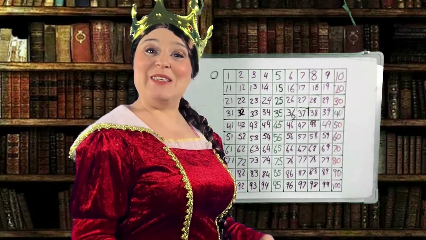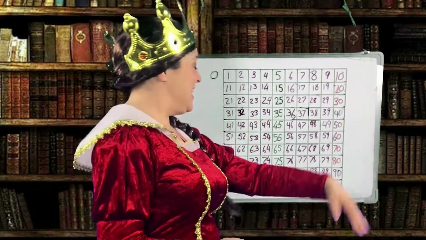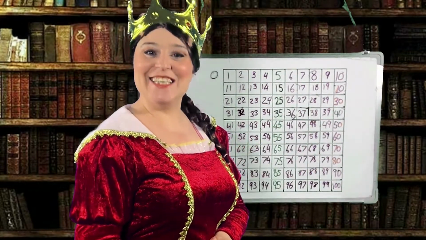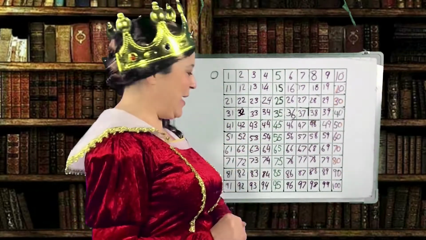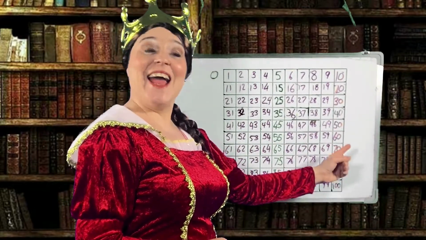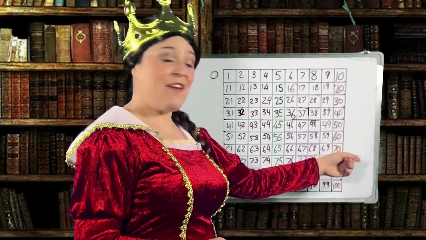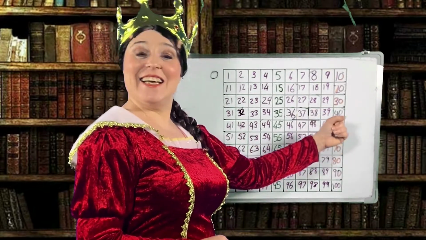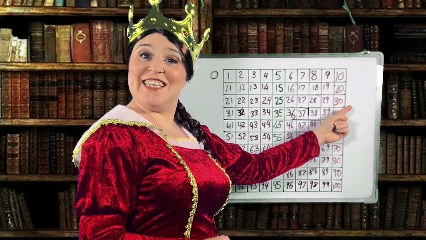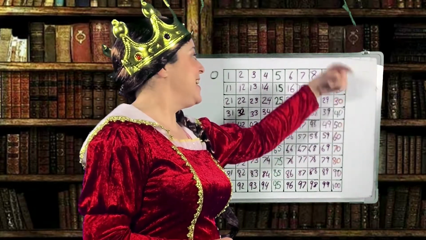Now we shall be counting backwards in multiples of 10, starting from 100 and finishing at 0. Here we go. 100, 90, 80, 70, 60, 50, 40, 30, 20, 10, 0.